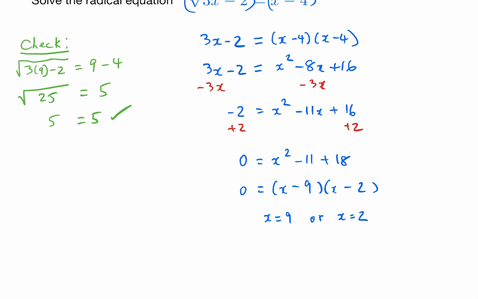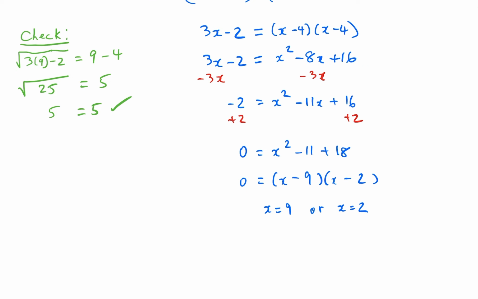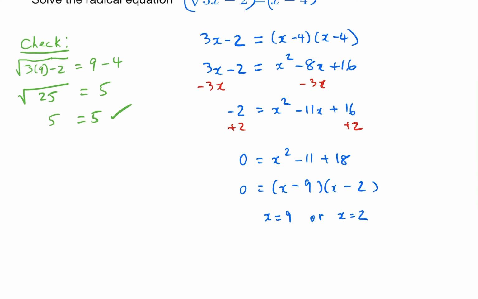But let's take a look at another check where x is equal to 2. We've got the square root of 3 times 2 minus 2, and does that equal 2 minus 4? Under the square root sign, we have 6 minus 2, and on the right, negative 2.